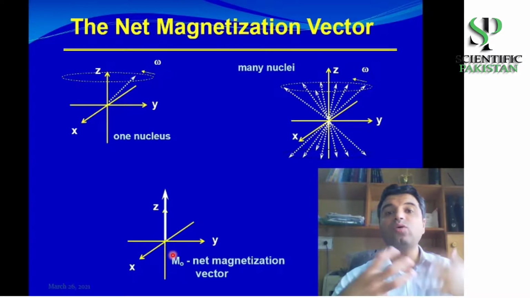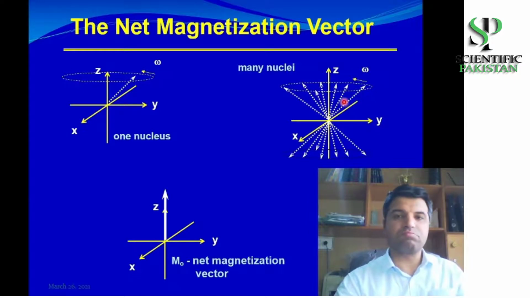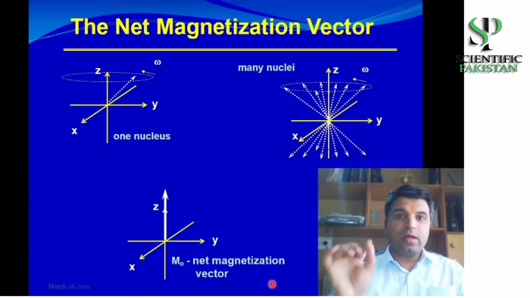So this M naught allows us to see the system as a whole, right? Rather than drawing these diagrams with separate arrows or vectors, we draw the net magnetization vector as one bold arrow pointing up in the z-axis. So this is how nuclei are arranged, and this is the net result.